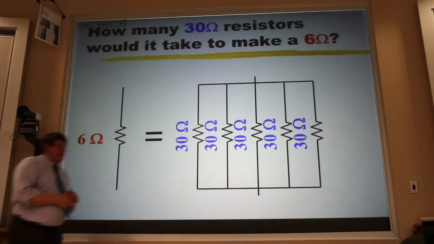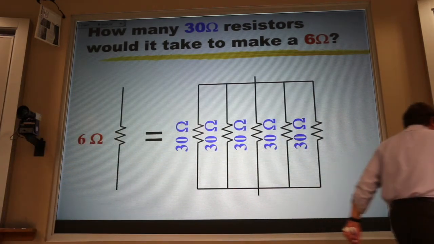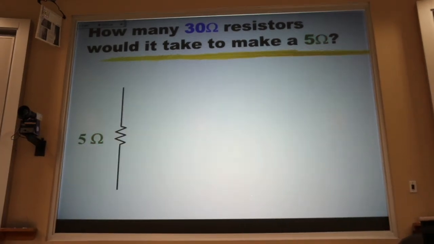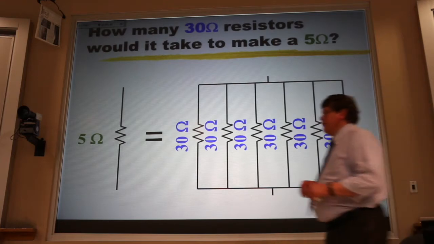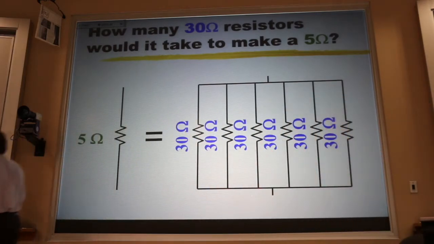If I wanted to make a 5 ohm resistor, how many 30s would I take out of the drawer? 6. Because 6 paths are 6 times easier, and if I take 30 ohms and divide by 6, I get 5 ohms.